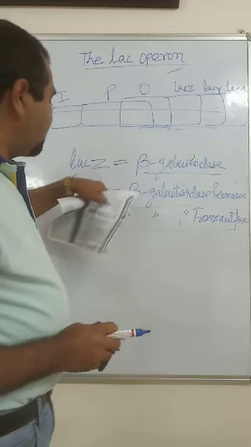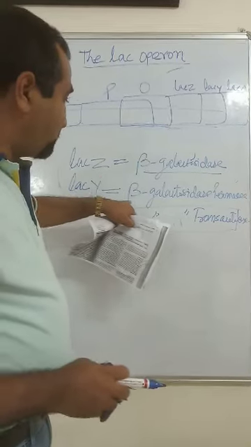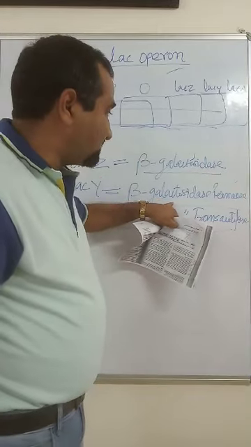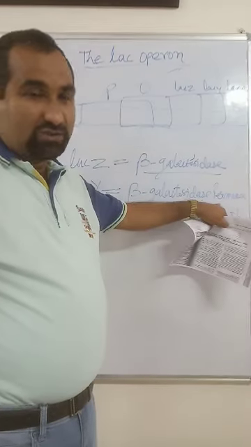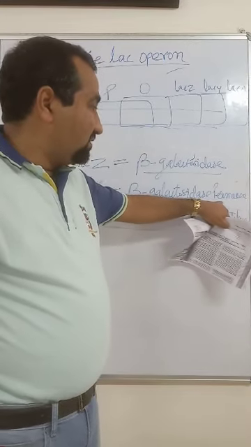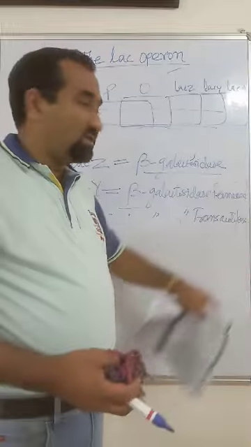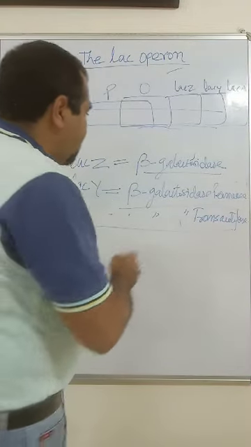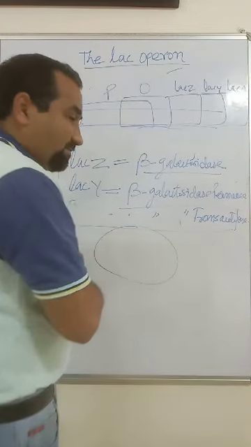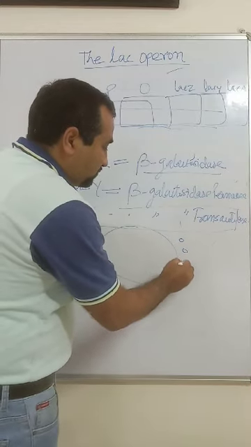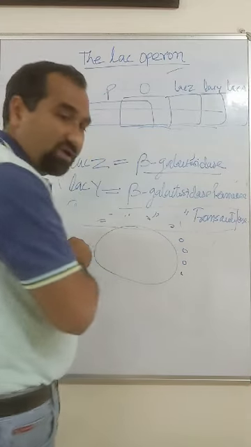And lacY gene, it produces an enzyme beta galactosidase permease. So here you can remember it with the name permease. It means it functions, suppose this is a bacterial cell and here lactose is present in its surrounding medium.